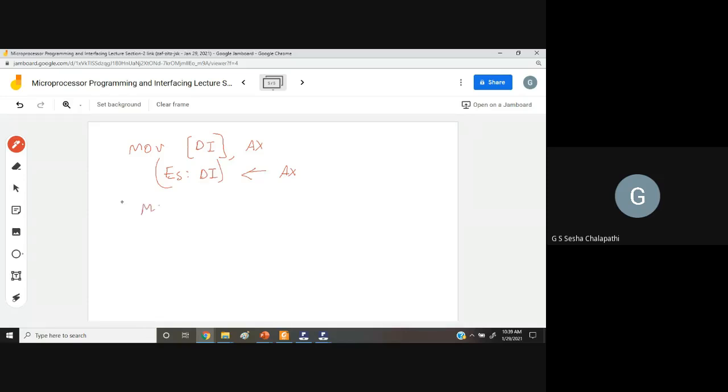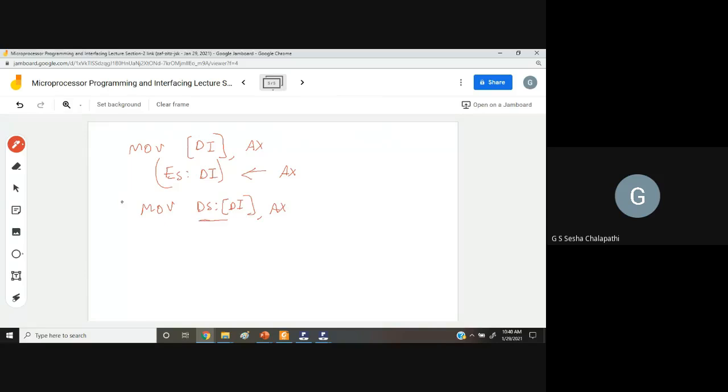However, I can tell it this way: MOV DS:[DI], AX. I'm telling explicitly that DI should combine with DS, and that should provide the memory location.